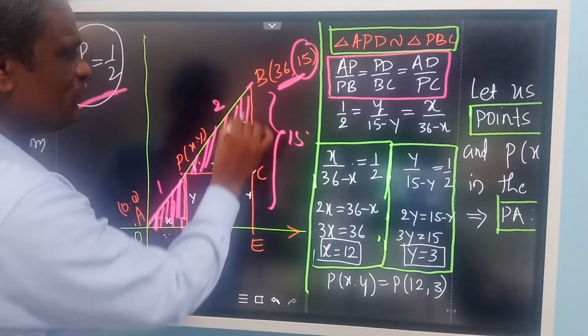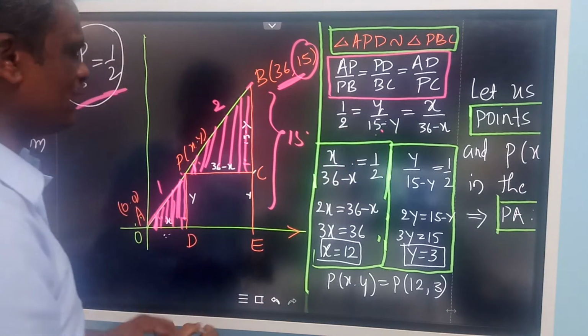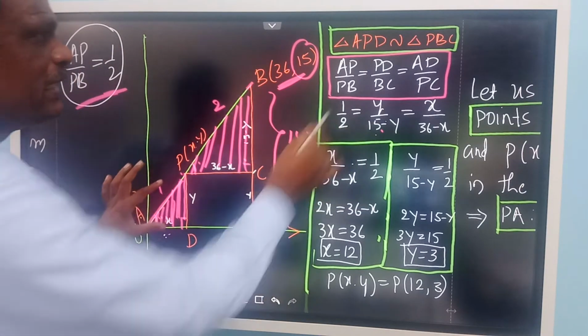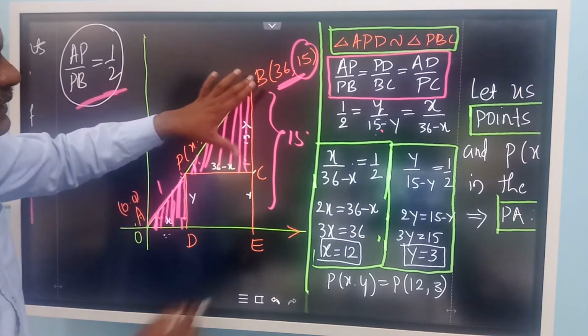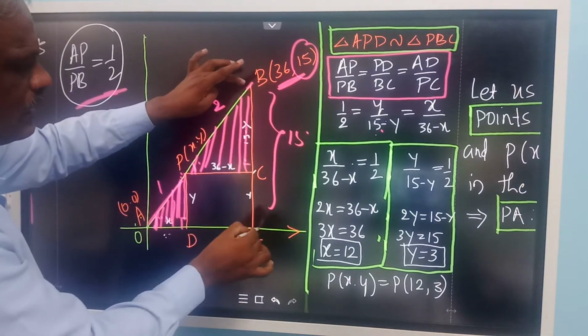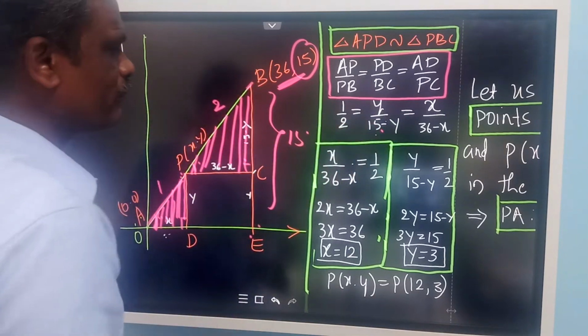So what is this length? 15 minus y. I have written here y divided by 15 minus y. PD here is y, and this distance is the total length 15 minus this one.